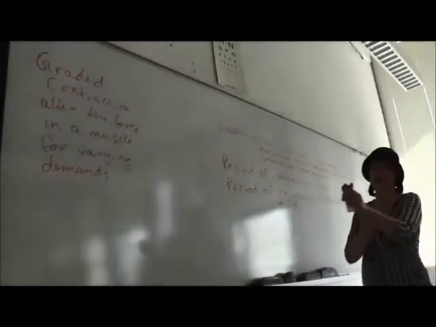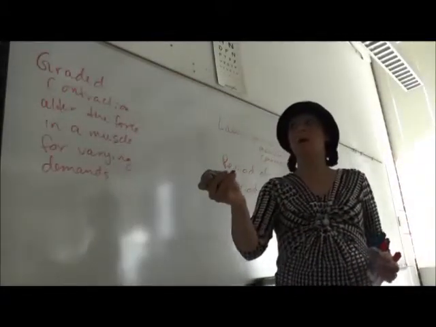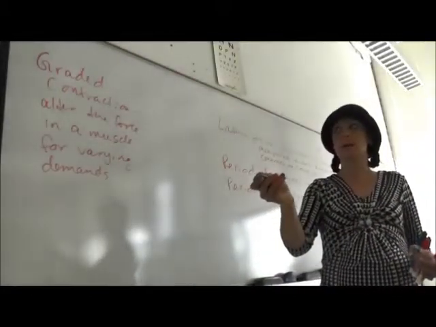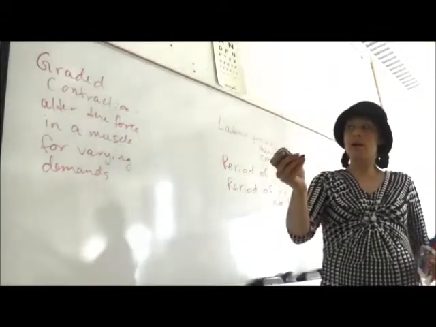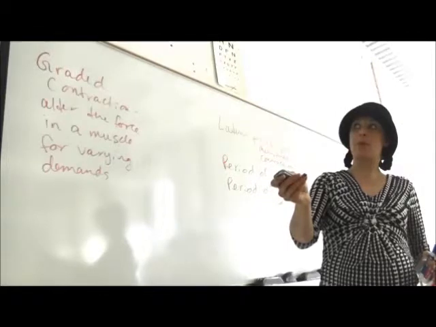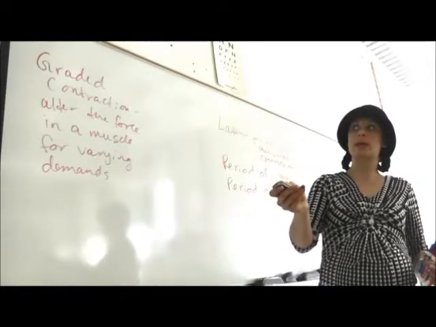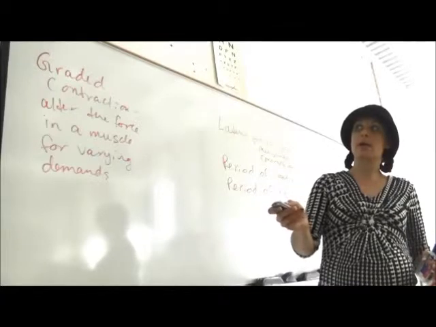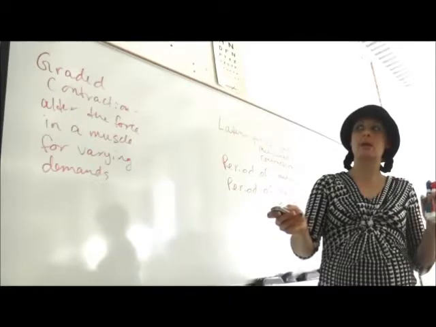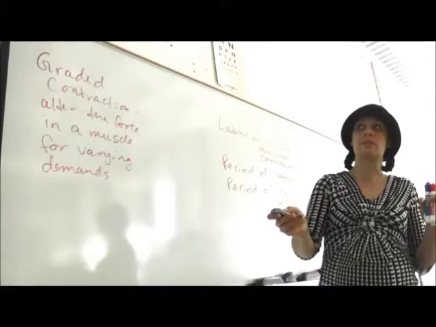But this is showing us, again, just a muscle twitch, where we have a stimulus applied, then you contract, and you relax, and you allow the muscle to fully relax, and you don't stimulate it again. Well, if we do stimulate it again before it relaxes, we stimulate here, we contract, we allow the muscle to start relaxing, but then we stimulate it again.